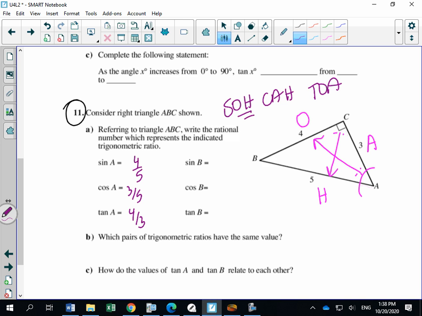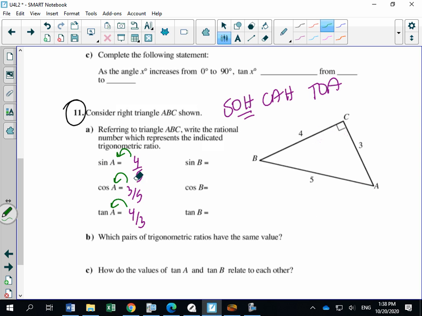Now, you guys, I want to show you something really interesting. If I said find out what angle A is, we could go backwards using sine, using cosine, or using tangent. Can you quickly type these into your calculator? So let's figure out what angle A is going backwards.